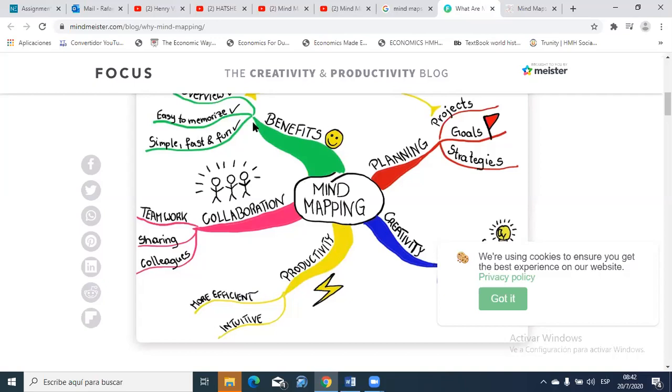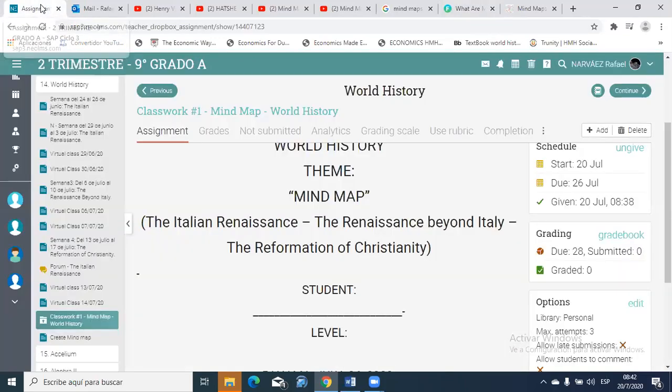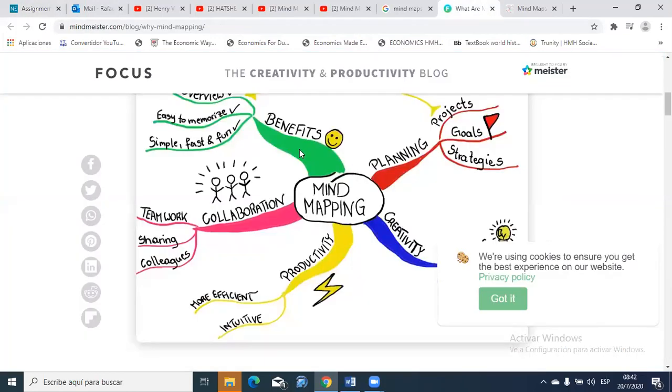And the last one, what was the last topic? It's the Reformation of Christianity that took place in that Renaissance period. So it could be this one over here. So these three branches, and in the middle, the Renaissance, or summary of the Renaissance.